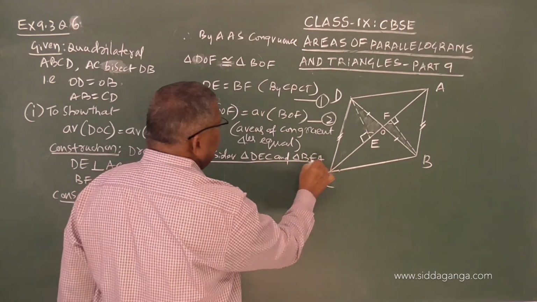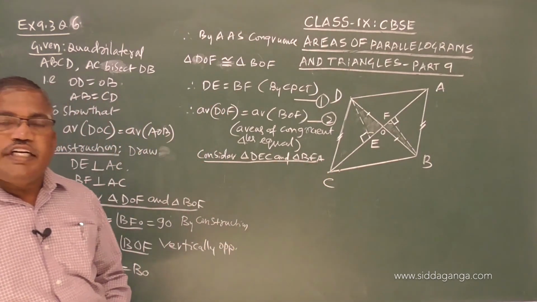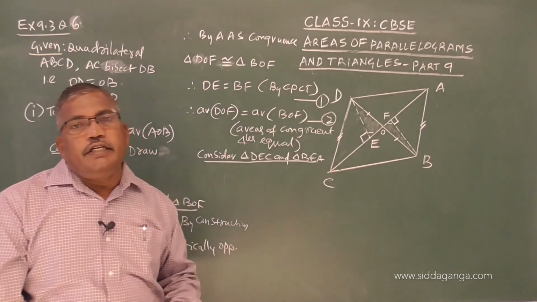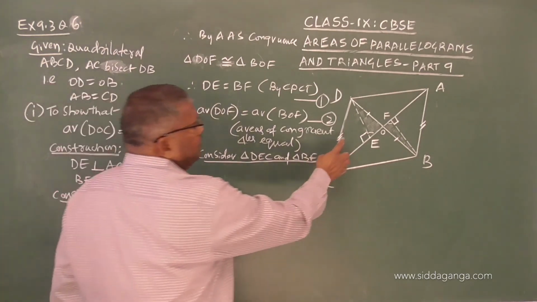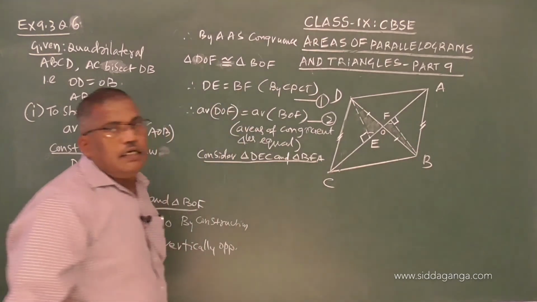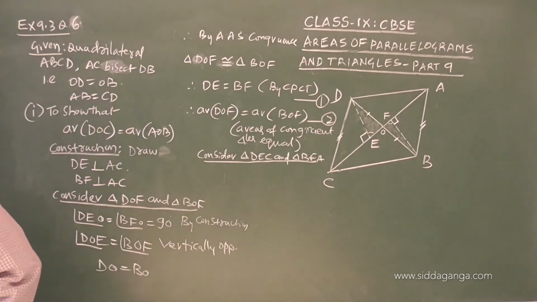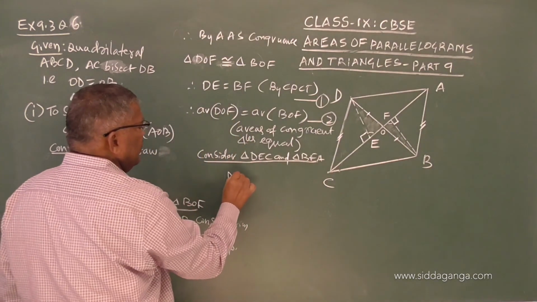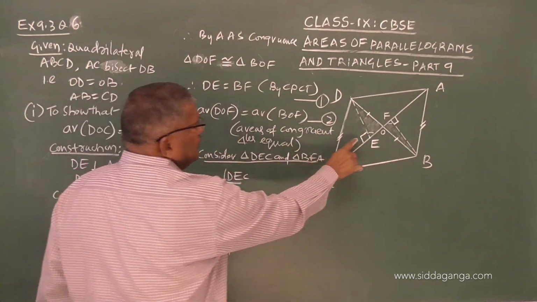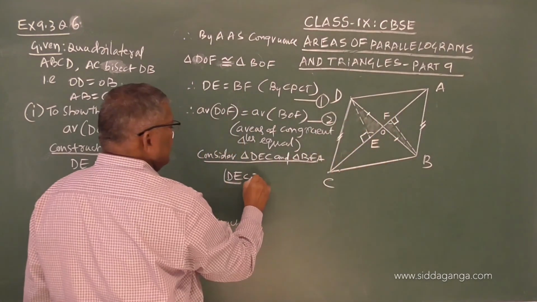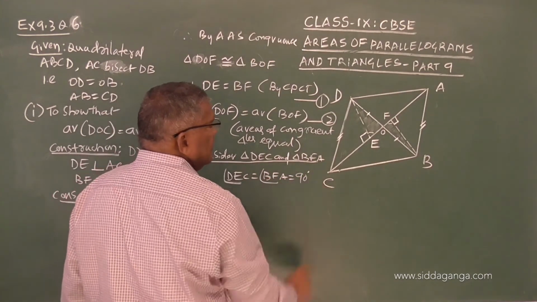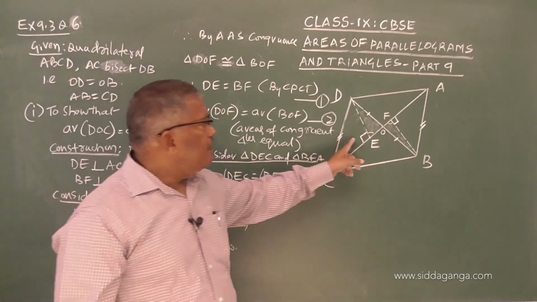It seems to be lengthy while you study at the first instance. If you apply your mind and go systematically, you will understand it. Now, we are comparing these two triangles. So in these two triangles, angle DEC, you can see 90 degrees, equals angle BFA, 90 degrees, that is by construction they are equal.